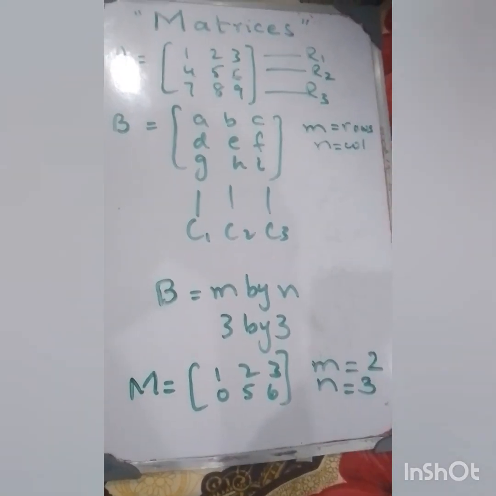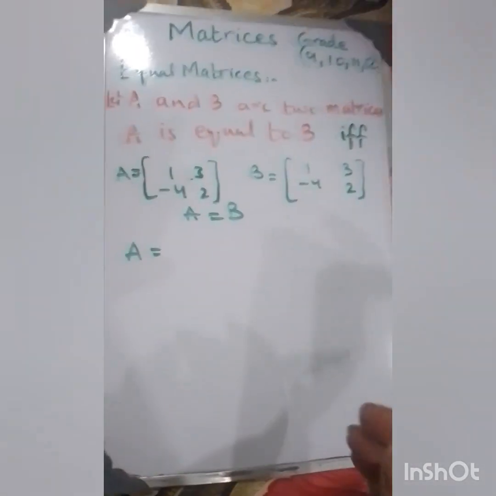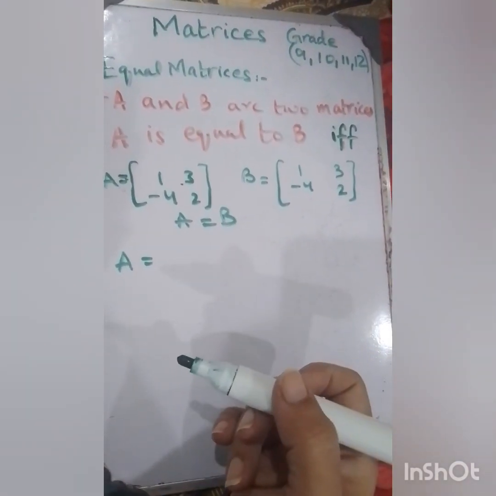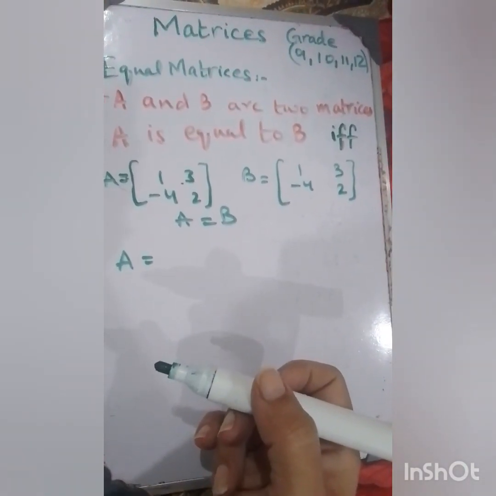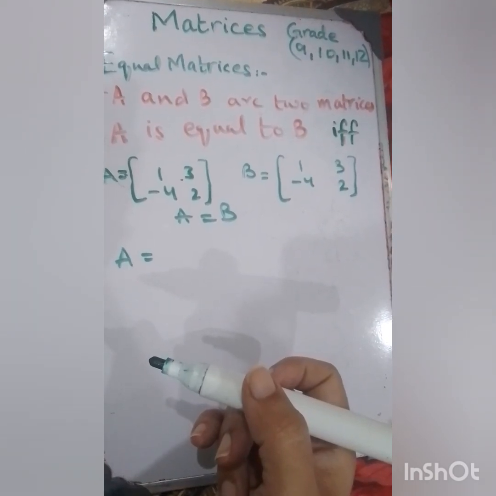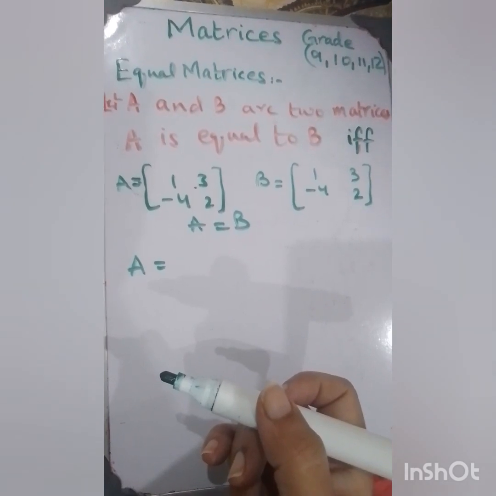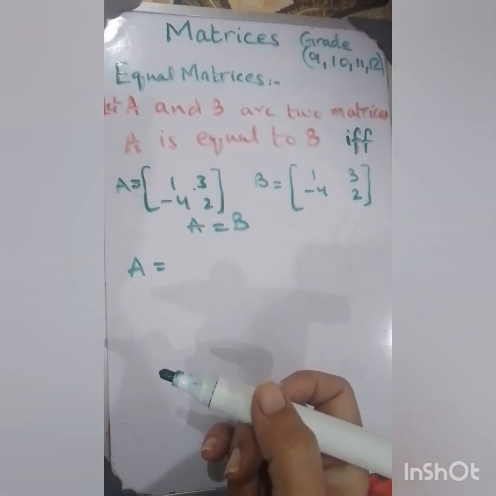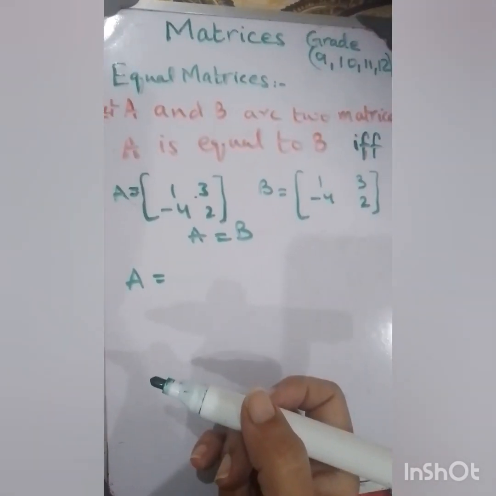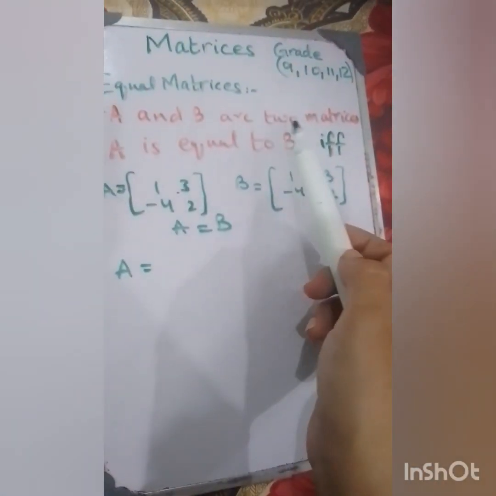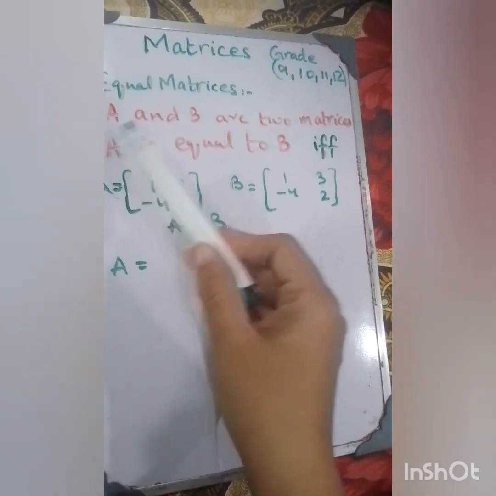Let's discuss another type of matrix. We have discussed the order thoroughly, so you have understood that we get the idea of the order by rows and columns. Now if we talk about equal matrices, suppose A and B are two matrices.